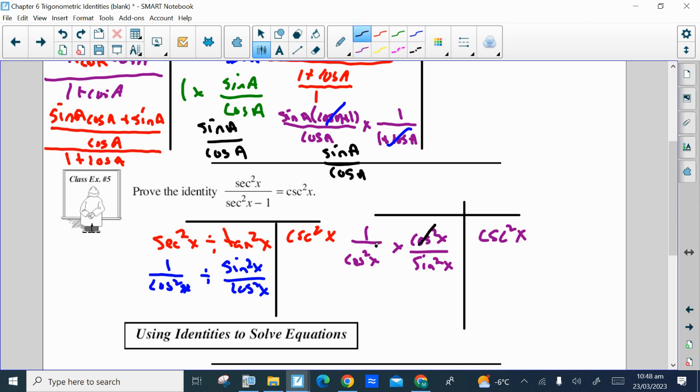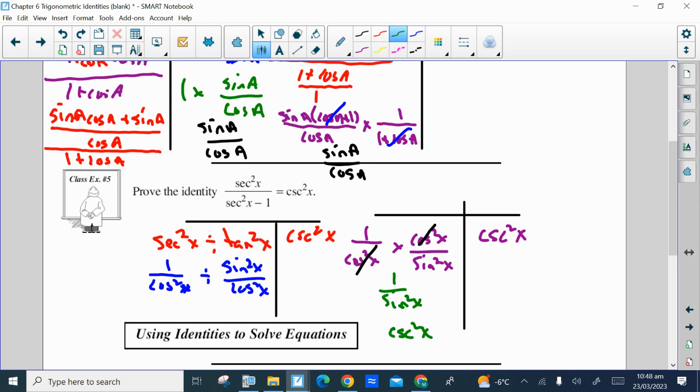We can cancel factors that are common on the top and the bottom. We can divide top and bottom by cosine squared x. They cancel, and we'll be left with 1 over sine squared x, which is cosec squared x. And we're done. Okay, we are done.